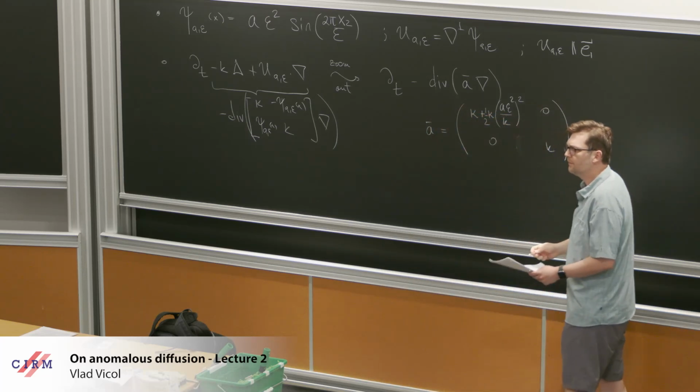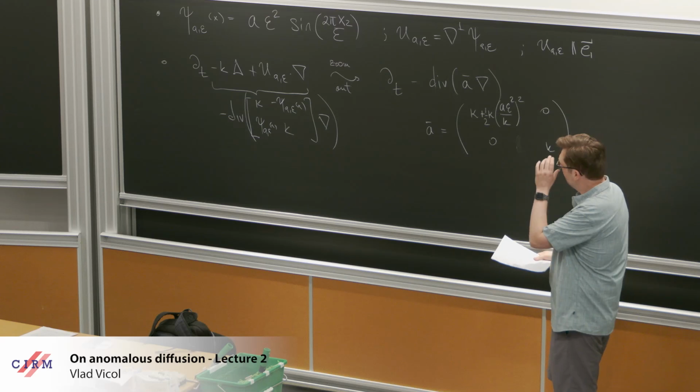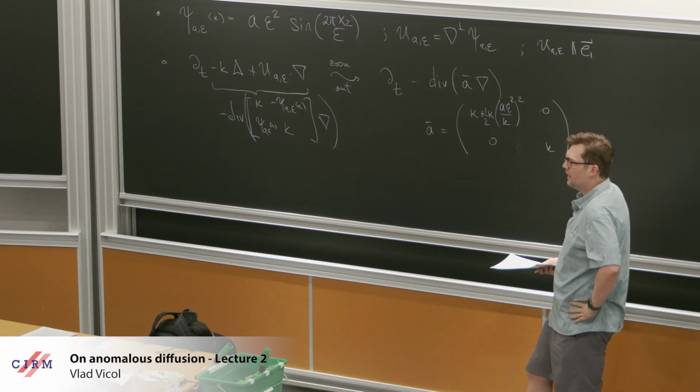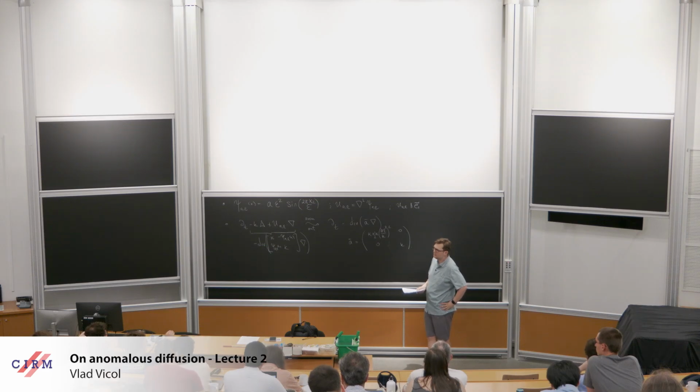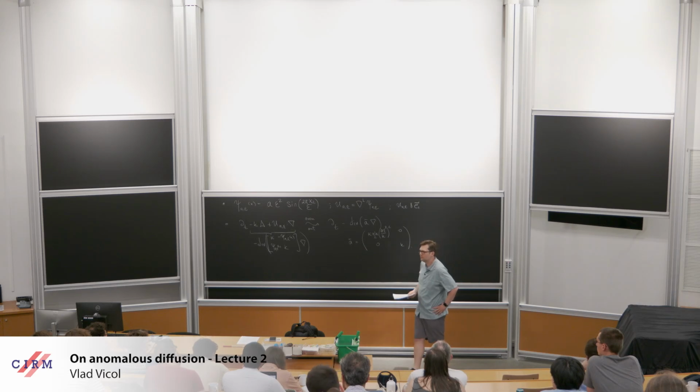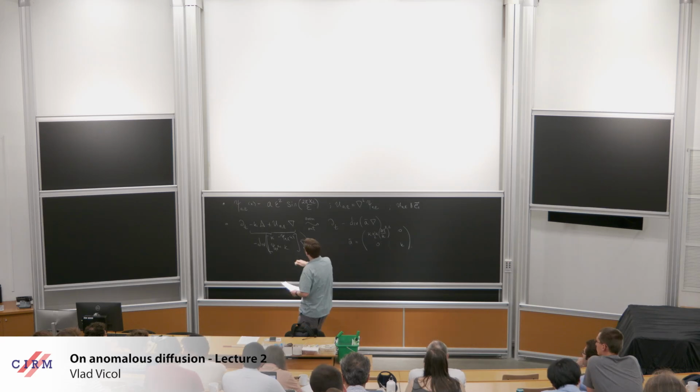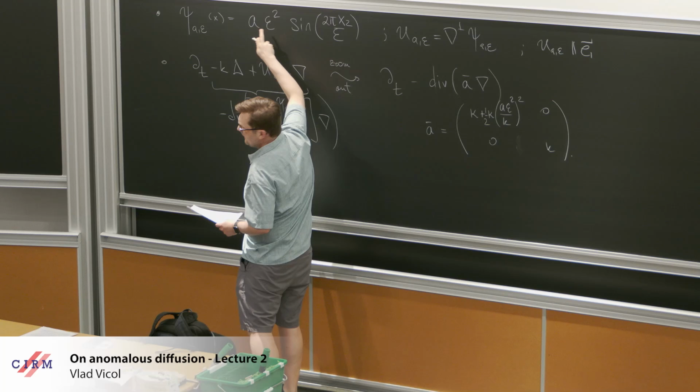How can we understand that in the first example of Scott, the velocity field was of amplitude 1, whereas that one is much smaller amplitude epsilon? Who is of order epsilon here? The velocity field U A epsilon. It's of size A times epsilon, because when you take a grad perp, this becomes A times epsilon.